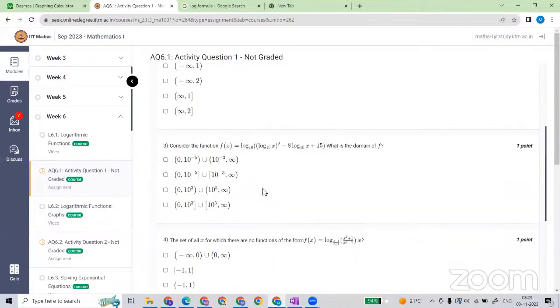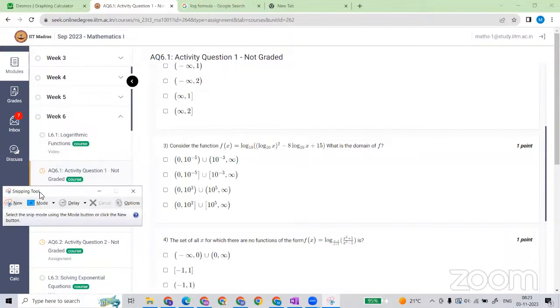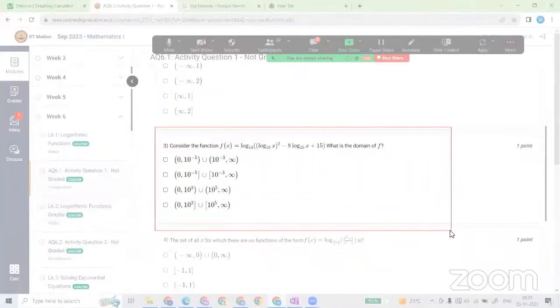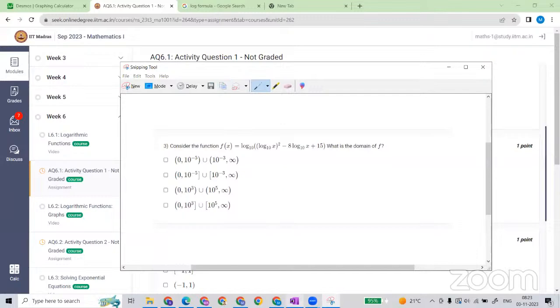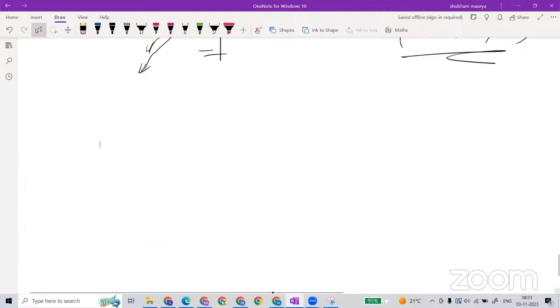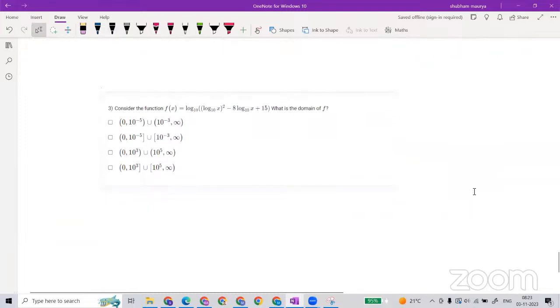So here is the domain. What is your doubt here? The domain only, sir. Actually, the third choice is correct, I'm getting it from the answer key, sir. But I'm not able to understand how that is correct.